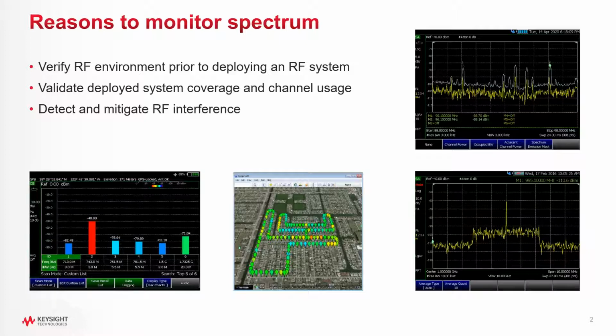There are other reasons, like monitoring spectrum the way the FCC would, for validating that people are working within the rules and requirements. A lot of different reasons. Most of us that make transmitters or receivers are trying to follow the rules and make our systems work as well as they can given the circumstances of the environment.